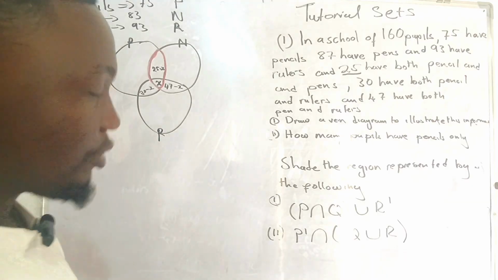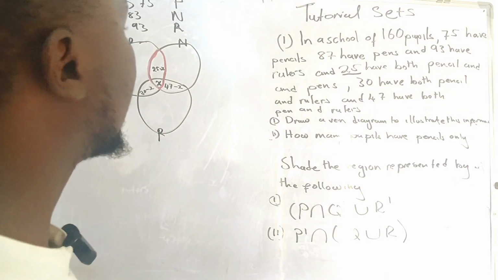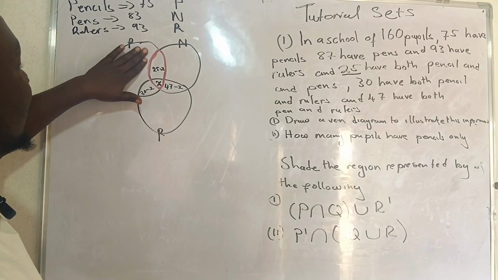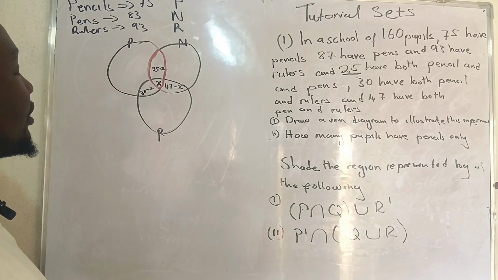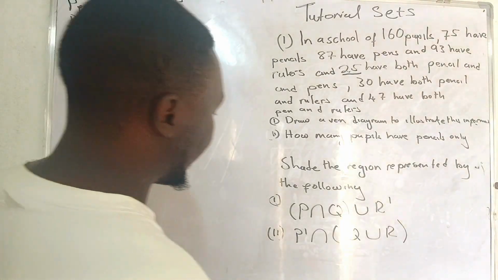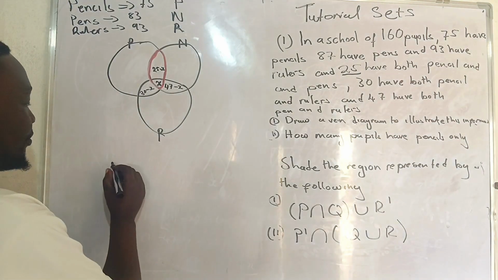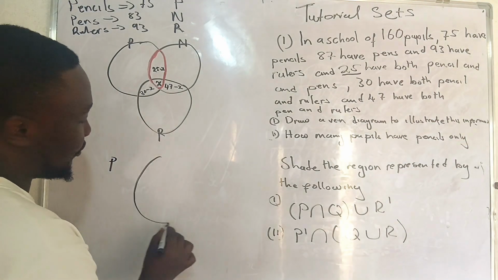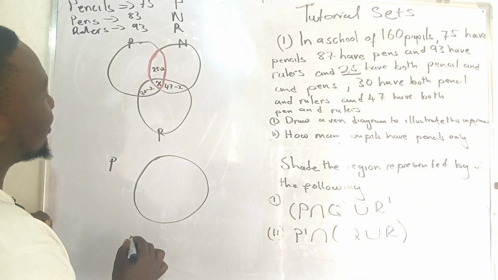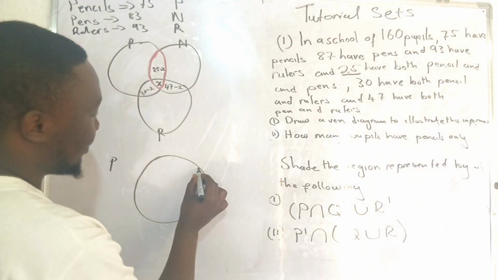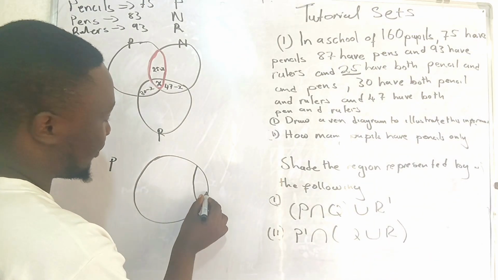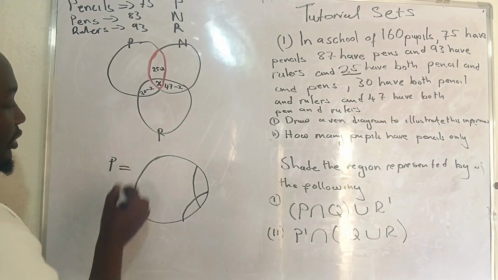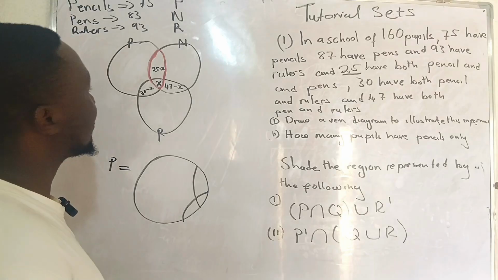Before we go on to calculate, we need to calculate the remaining region, this one. Let's look at the board for P. The set P is divided into different regions.